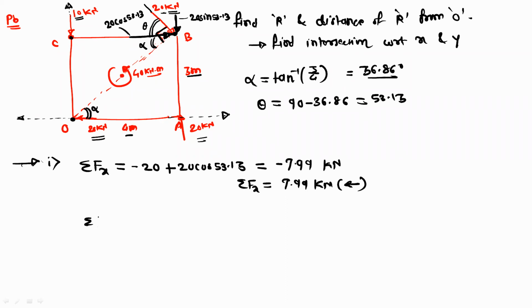Then take summation Fy. This is equal to plus 20 in positive y, then minus 10, and minus 20 sine 53.13.